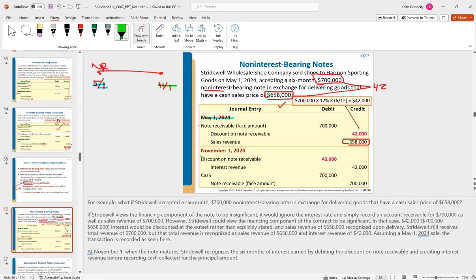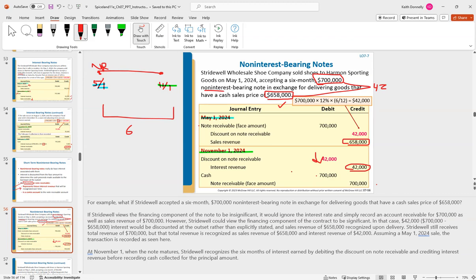Here we are on 11/1. What's going on here? Well, in this case, we kind of teed up this discount. The 6 months have passed. We now need to basically get rid of that discount and recognize the revenue for the 42,000, that kind of implicit interest. Likewise, we get the cash at the end of the day, the 700,000, and then get rid of the note receivable.